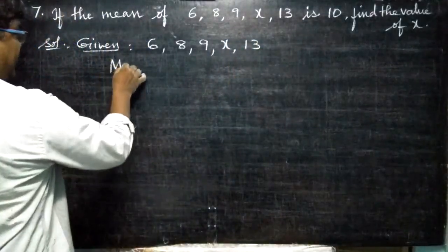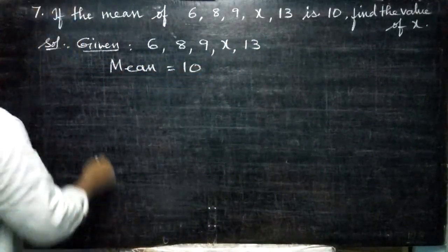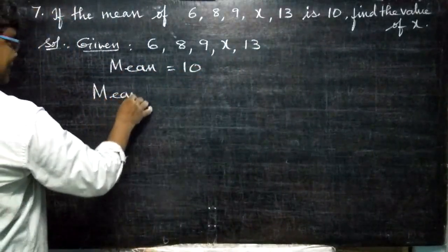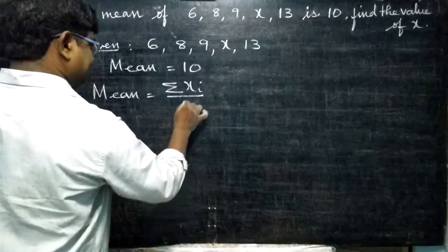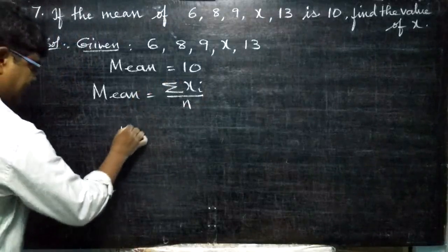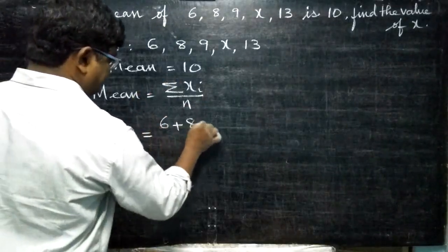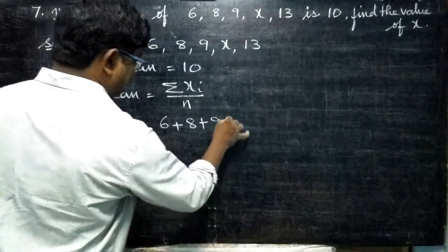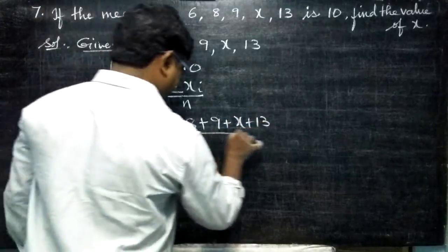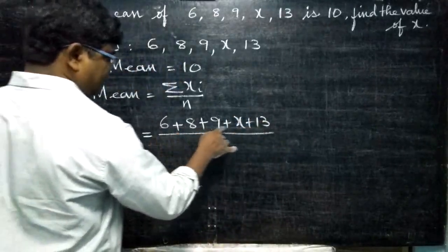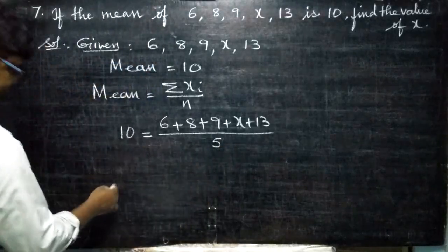And one more thing, they give the mean, 10. Now what is the formula for mean? Mean is equal to sigma xi by n. 10 is equal to 6 plus 8 plus 9 plus x plus 13 by how many observations? 1, 2, 3, 4, 5. So divided by 5. Do cross multiplication.